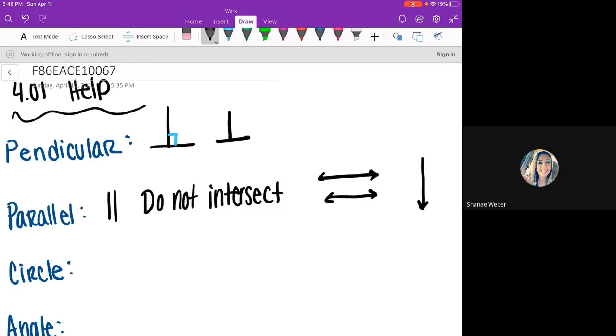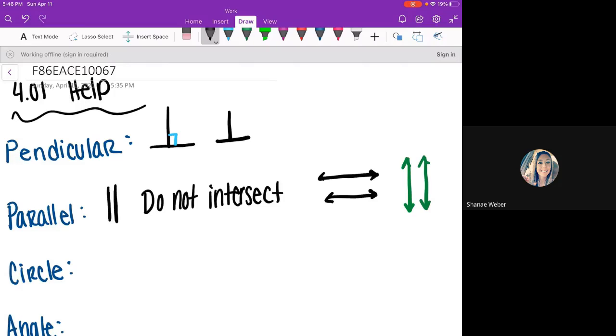Make these different colors so we know we're talking about two different lines. But the green lines will never touch, and the black lines will never touch. They can go on and on forever and ever, and they'll never touch. They will never intersect. But the symbol for parallel is this right here.